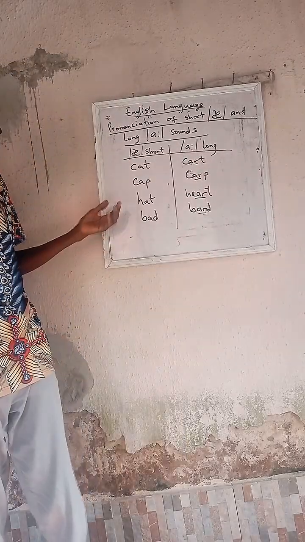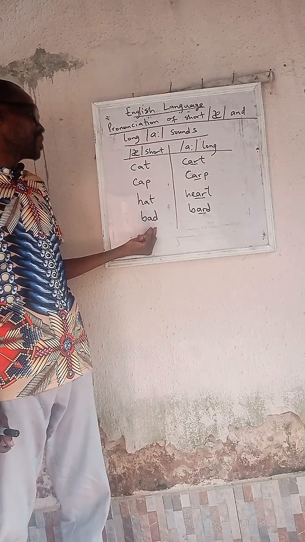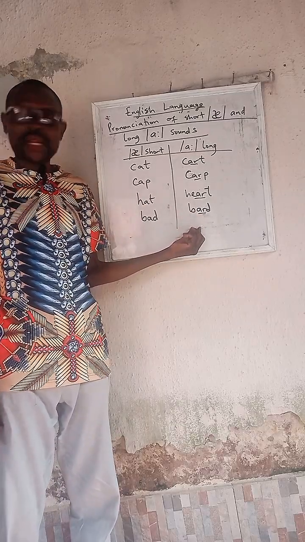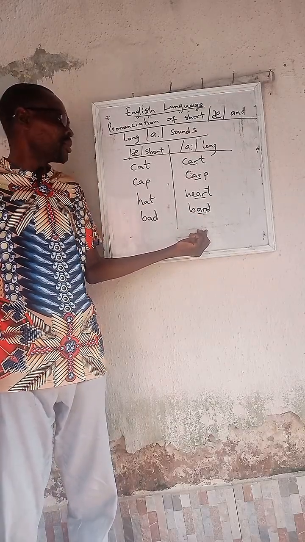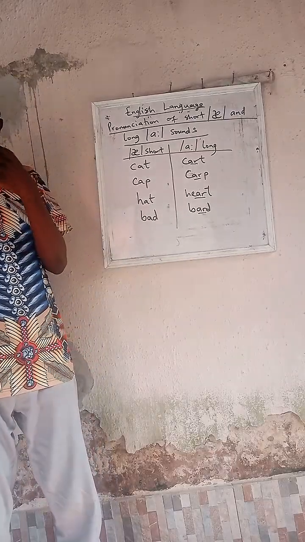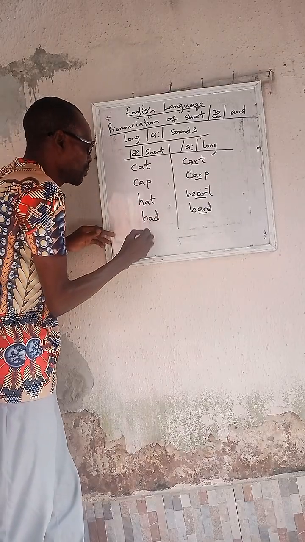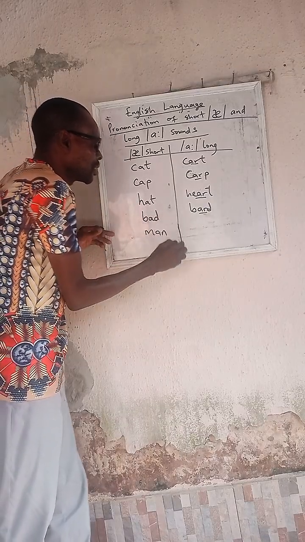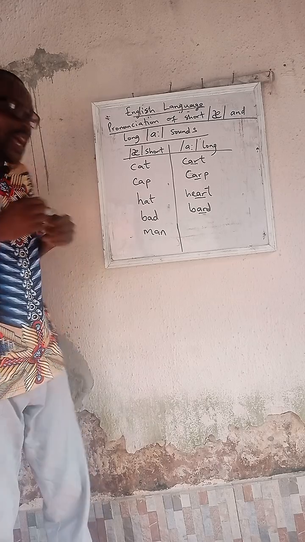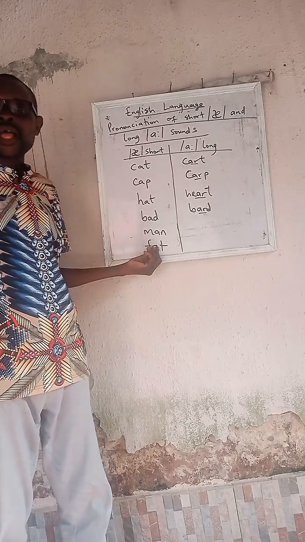I want you to give me two other examples of this R sound. Sarah, you will do that. And Brown, you will give me two examples of R sound, apart from what you have here. Okay, Sarah, over to you. Good. Man. Good. And the other one? Fat. Good. So this is the short R sound.